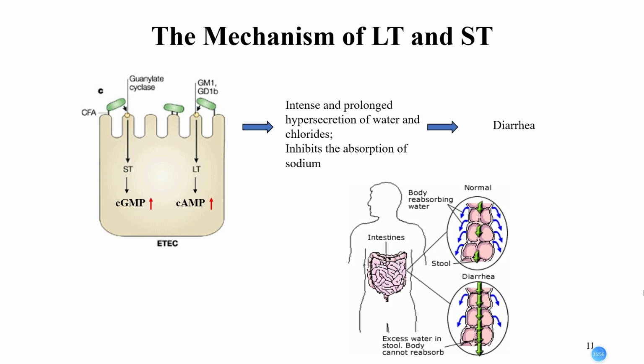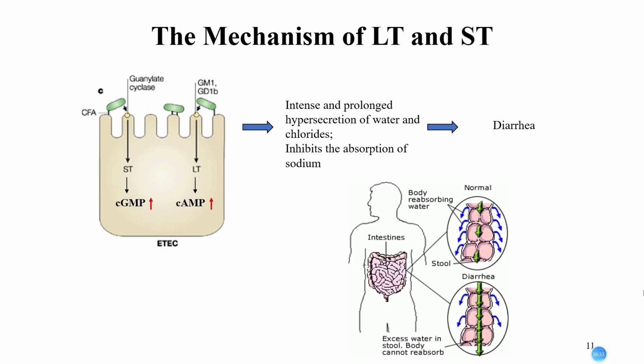We know that both of them are secondary signal molecules, and the next step is to activate kinase molecules. This can cause intense and prolonged hypersecretion of water and chlorides by the epithelial cells. So there will be secretion of water and chlorides into the lumen. And also, they inhibit the absorption of sodium.